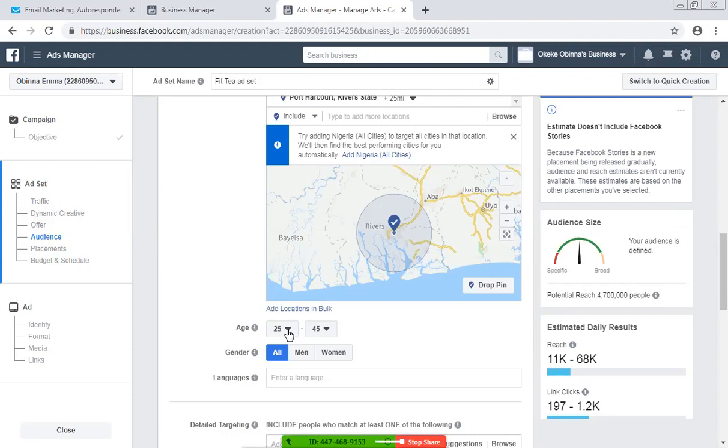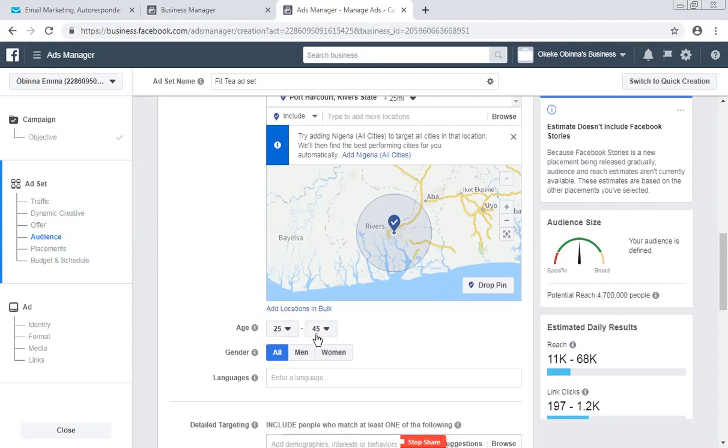So I want to target people I know from my targeting. Yes, these people need my product. They are looking for this product and they have the financial capacity to purchase it, all right? So I choose between 25 to 45. Again, I repeat, this is not a set in stone age range.